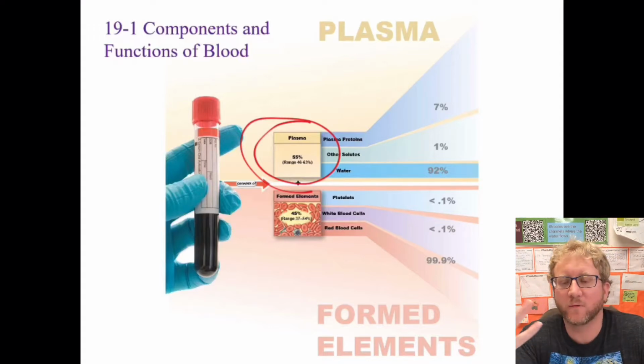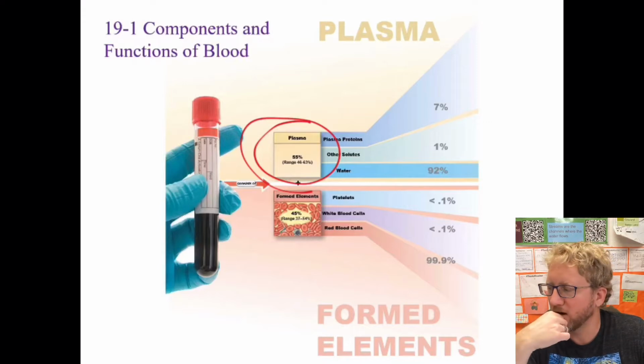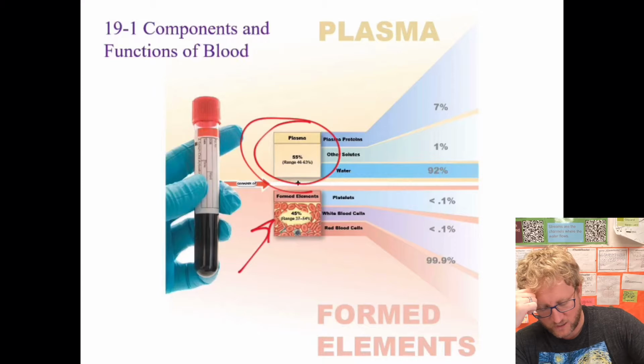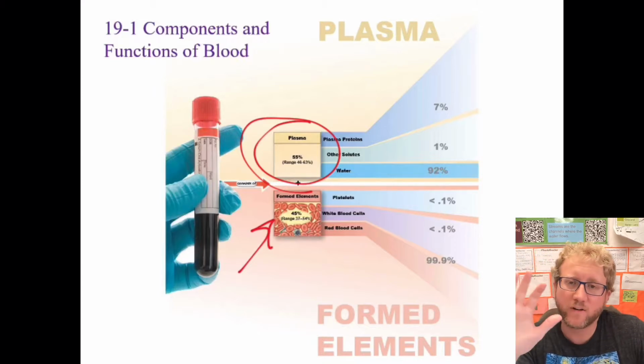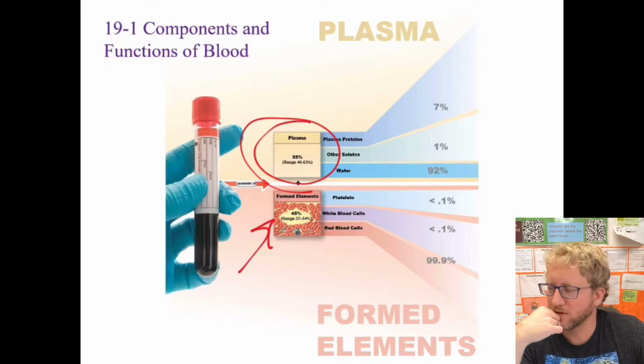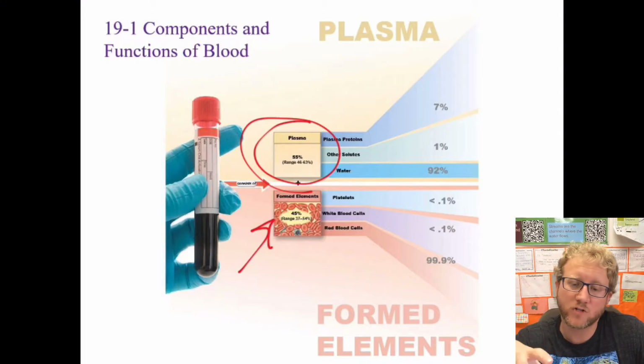Could be a little bit more, could be a little bit less, depending on how much water you have in your body and stuff like that. And then the formed elements right here, which is about 45%, and these are all of the cells and cell fragments.